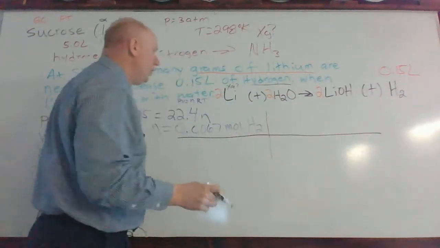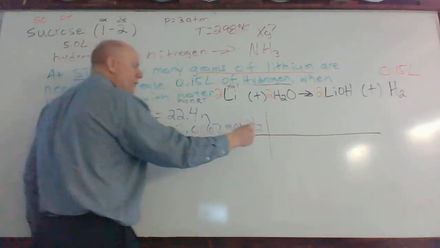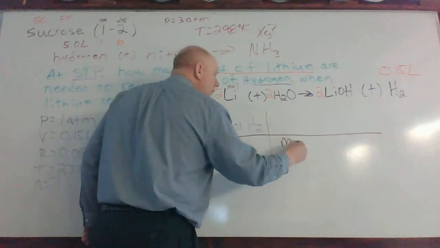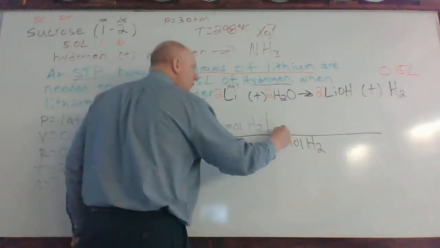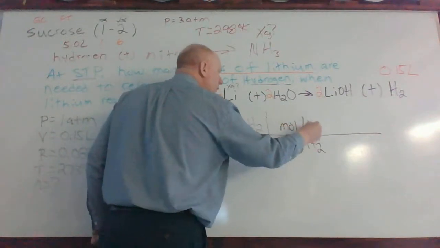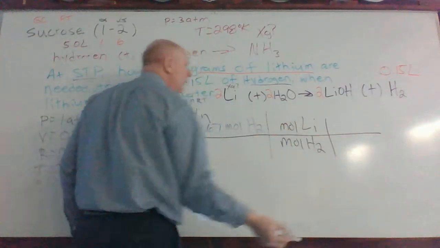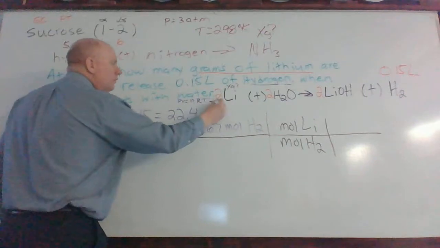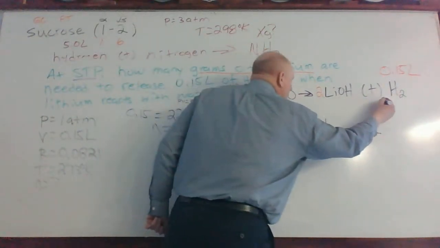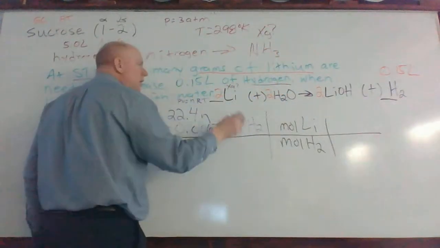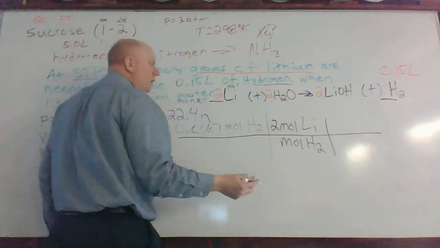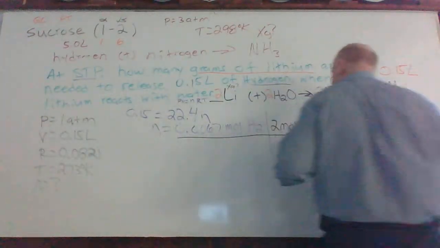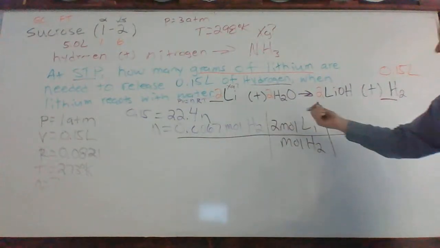Okay. So to cancel out this mole, what do we put? Mole of H2. Two there and 1 there. So this 2 tells us we need to put that there, on the bottom. So now we're in moles of lithium.